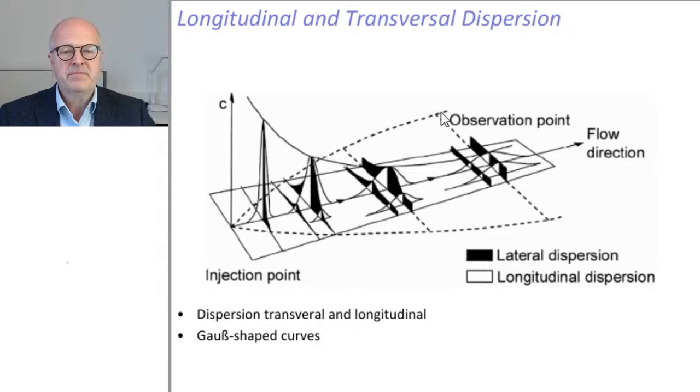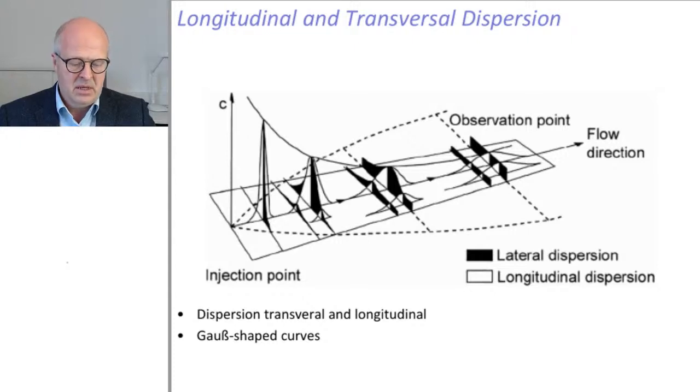After a certain dispersion length, a full mixing over the depth is achieved. This happens quite quickly because you have a lot of turbulence that actually mixes water down and up. And after a further distance, you will also have complete mixing over the entire width of the river.